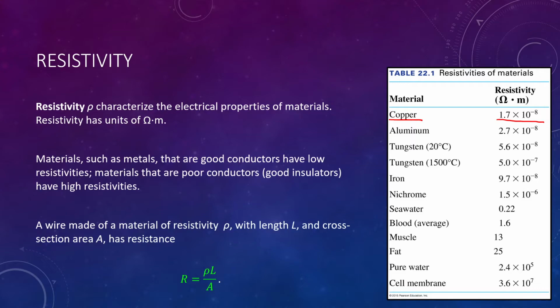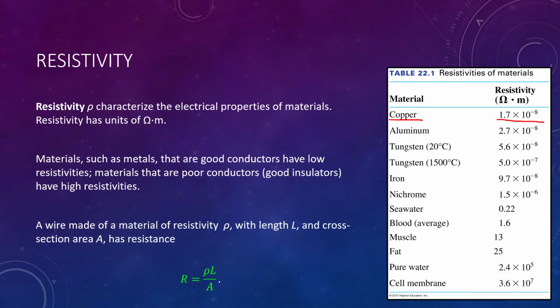So if we want to figure out the resistance of a wire, how much is going to resist current, it depends on this resistivity, how long the wire is, as we talked about, and how thick it is. In other words, the cross-section area A. So all of those quantities together dictate your resistance by the formula shown at the bottom. Resistance is equal to rho L over A. In other words, the resistivity times the length of your wire divided by its cross-section area.